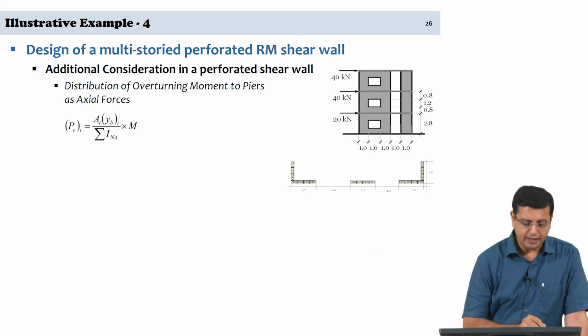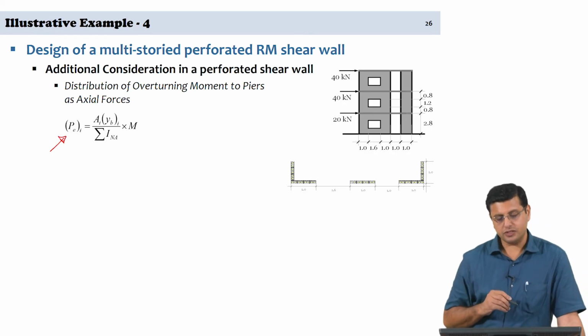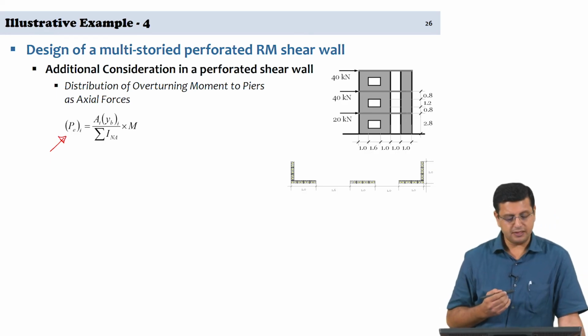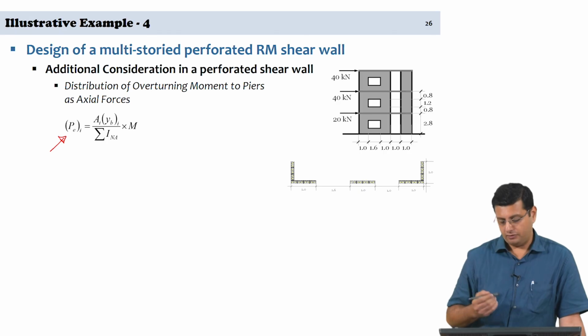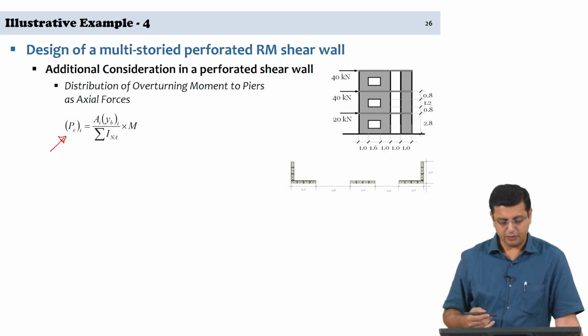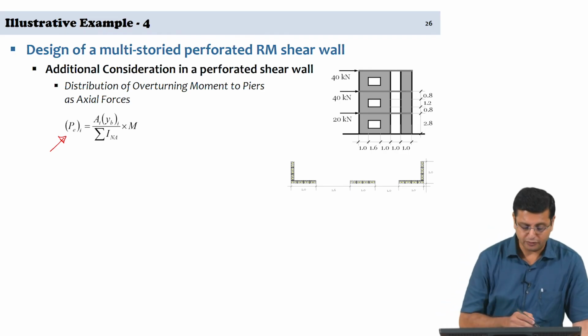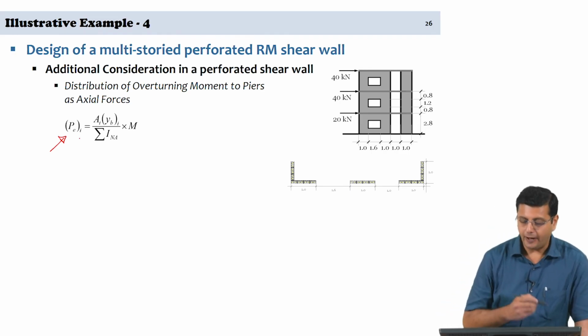So, you have this additional axial force coming from the earthquake forces, Pe, of the different walls. If you have to calculate that for the different walls, basically how can you calculate that and where is it coming from?